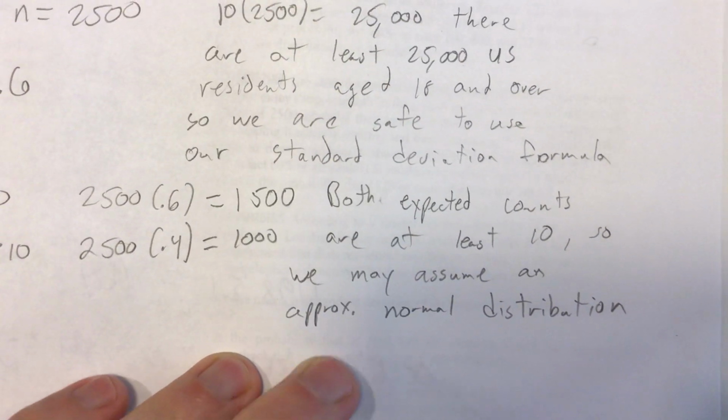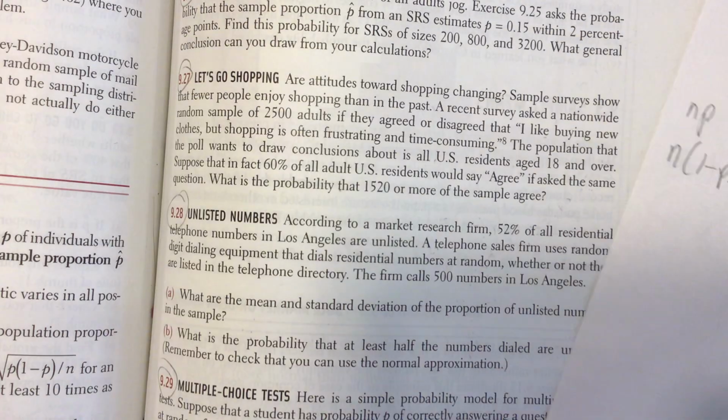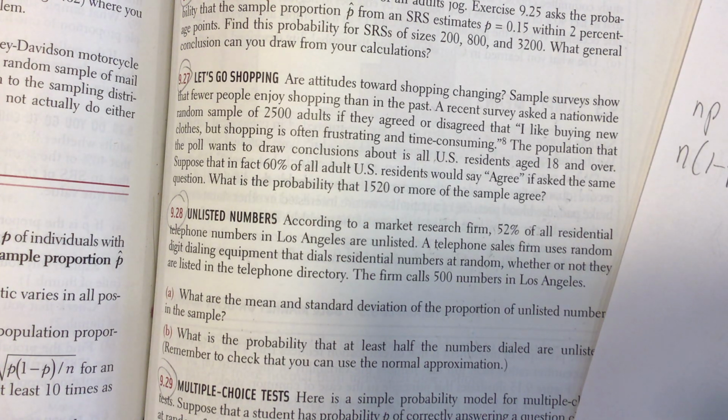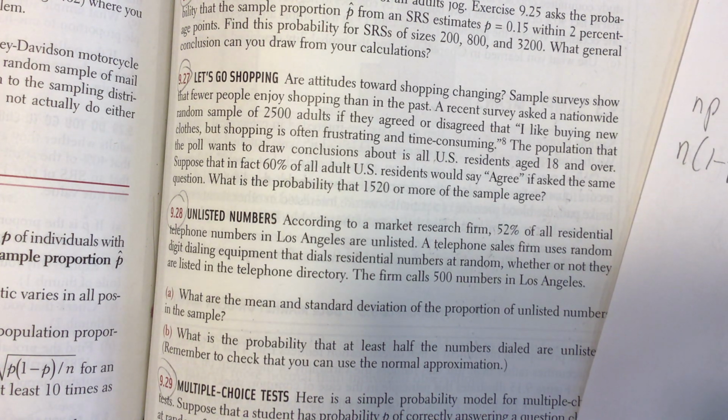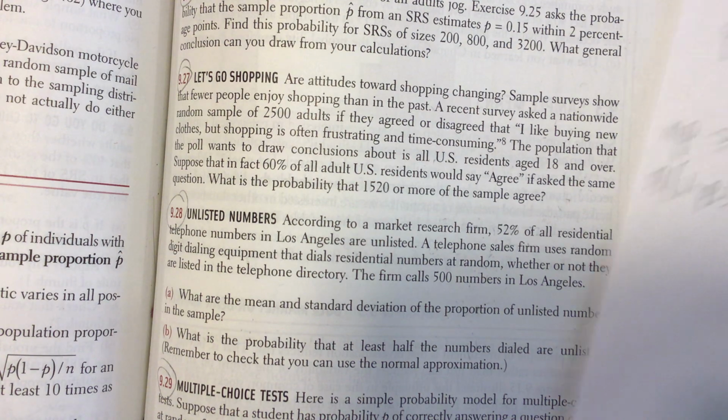Okay. All right, now we're able to actually do the question. What's the probability that 150 or more agree?